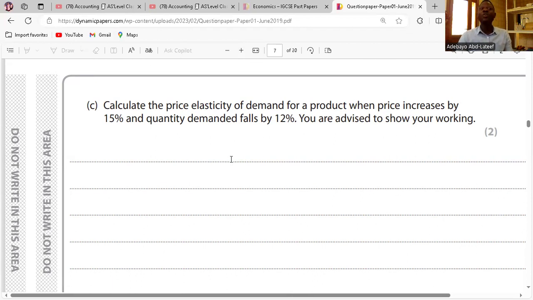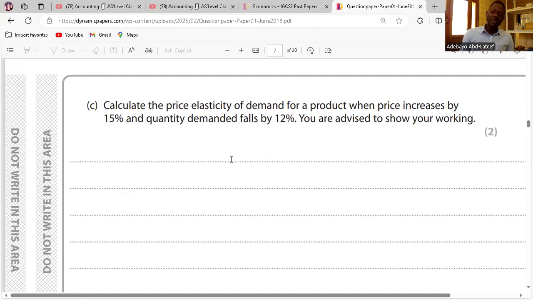Where our P1 is 100%, which is constant, then our P2 will be 100% plus 15% increase, which makes P2 115. Our Q1 is 100%, and our Q2 is minus 12%, that's 100% minus 12%, which is 88. So P1 is 100, P2 is 115, Q1 is 100, Q2 is 88.